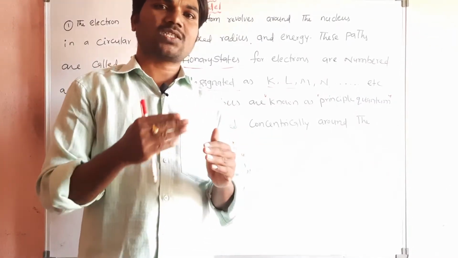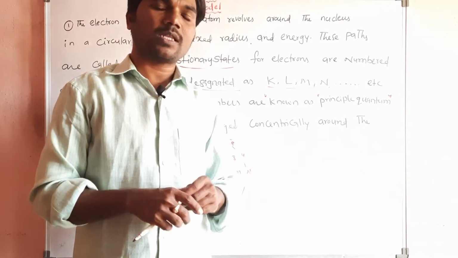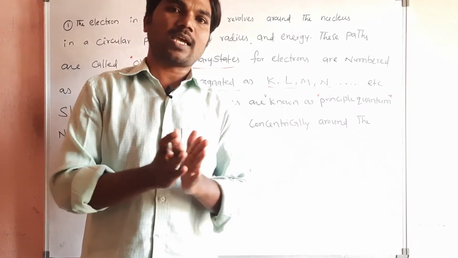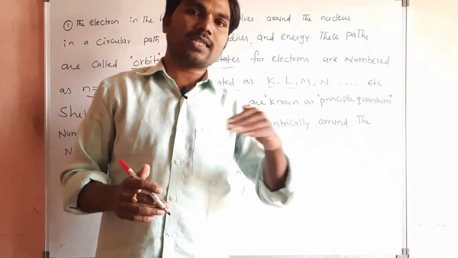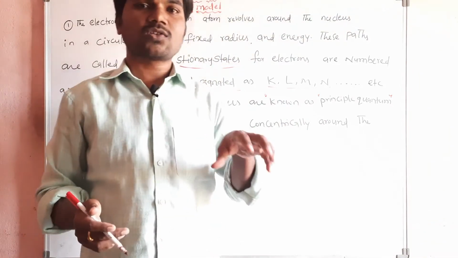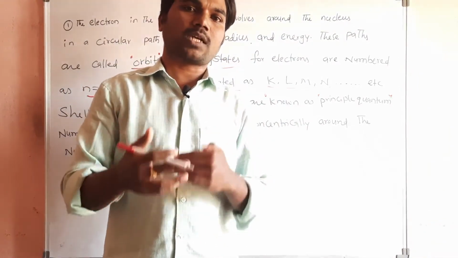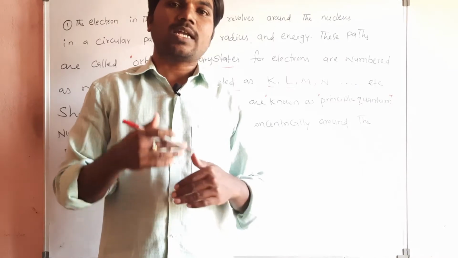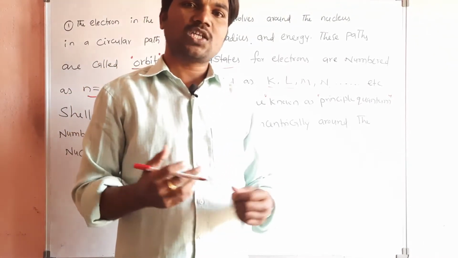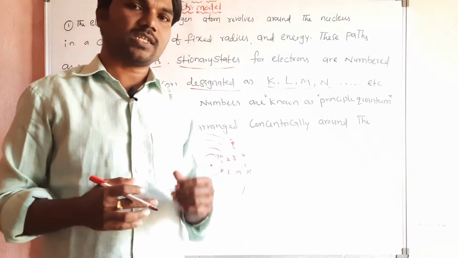Why do we call them stationary orbits and stationary states? Because they are fixed. These orbits are fixed. They have fixed energy as well as fixed radius. In these orbits, the electron is revolving continuously. When the electron is revolving in that particular orbit continuously, the electron neither loses energy nor gains energy. That's why we call them stationary orbits and stationary states.